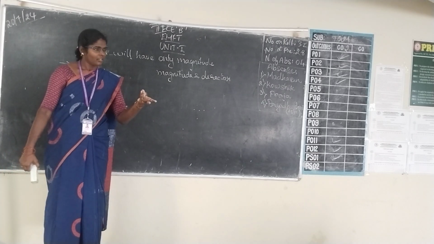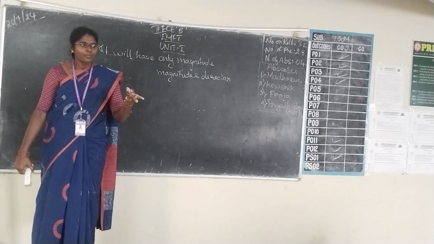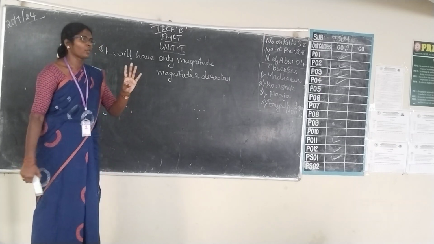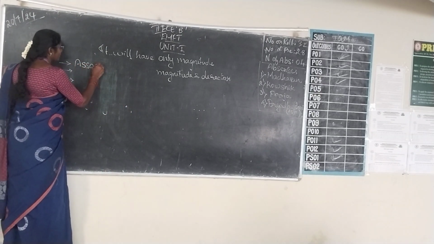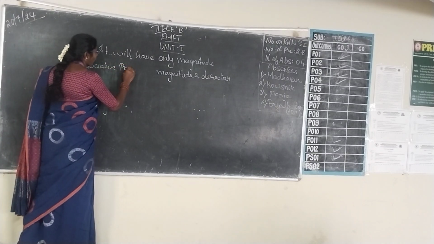Associative. Study this. Associative property, commutative property, distributive property. So the first is the associative property.